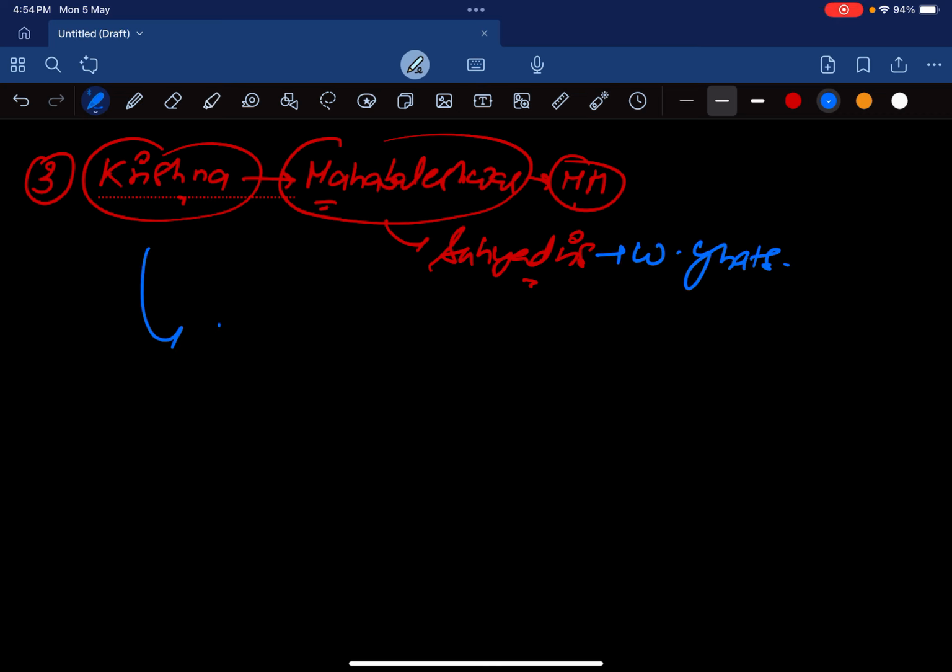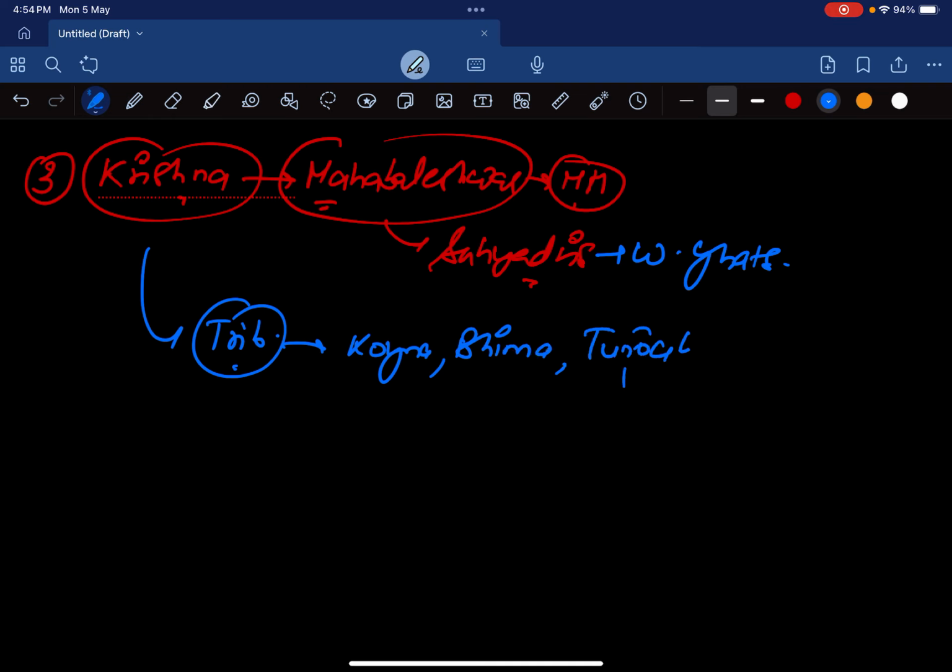Right? Its tributaries are Koyna, Bhima, Tungabhadra. These are few of the tributaries of the river Krishna. This Krishna river passes through, of course, Maharashtra.